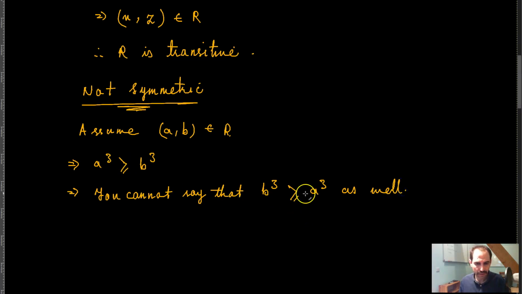It's just not possible to say that, which implies that (b, a) does not belong to R, which means that R is not symmetric.